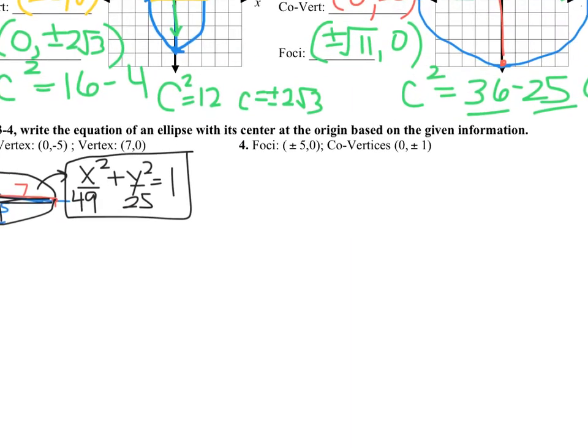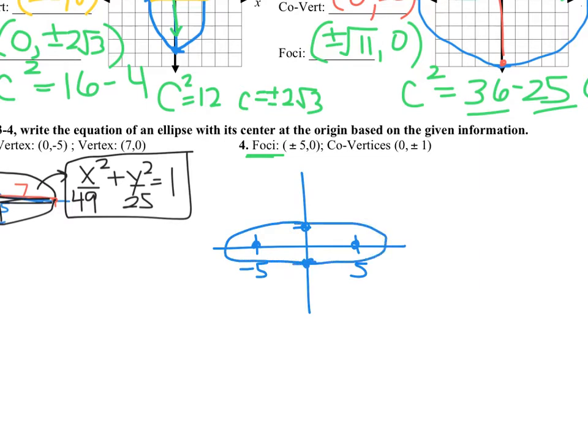Okay, this time it has the foci. Whenever we have the foci, it gets a little bit harder. So let's go ahead and graph the foci at 5 and negative 5. Foci. And then the co-vertices are at 1 and negative 1 up and down. So this would be an ellipse that goes around like that.